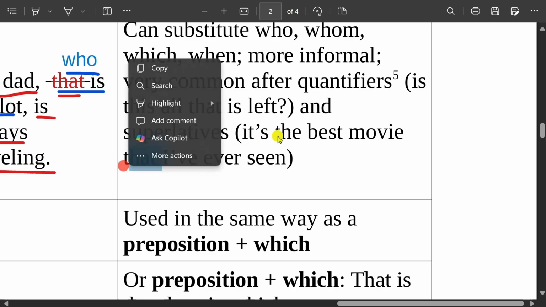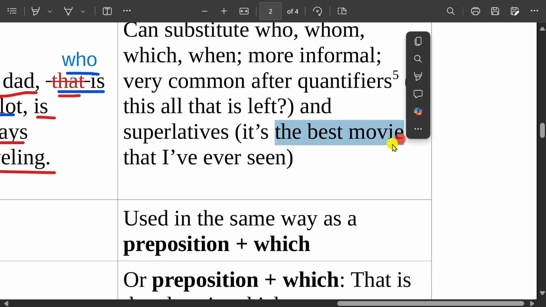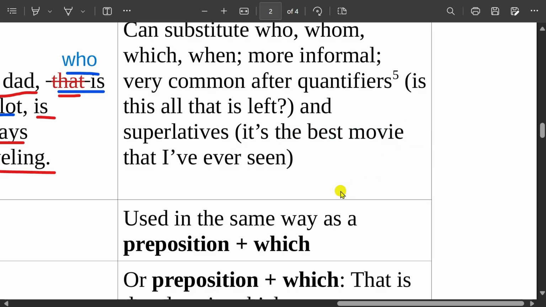You use that after the superlative. The best movie that I've ever seen. It's the best movie which I've ever seen. Maybe it's okay, but it's normally that. Okay, this is why I put this here. It's the most common, very common. The best movie that, okay, not which.